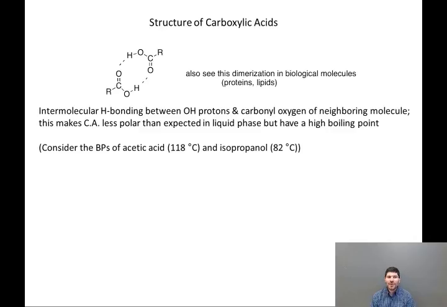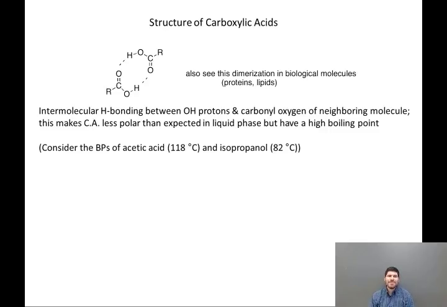And the way they dimerize is through intermolecular hydrogen bonds between the OH hydrogens and the carbonyl oxygen of a neighboring molecule. Okay, so they sort of do this head to tail, so to speak, dimerization. So these dimers will actually travel together once they're formed, because there's two hydrogen bonds holding them together. They will actually travel together through the sample of liquid.